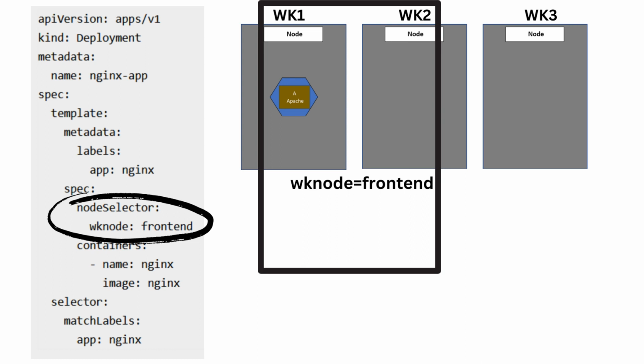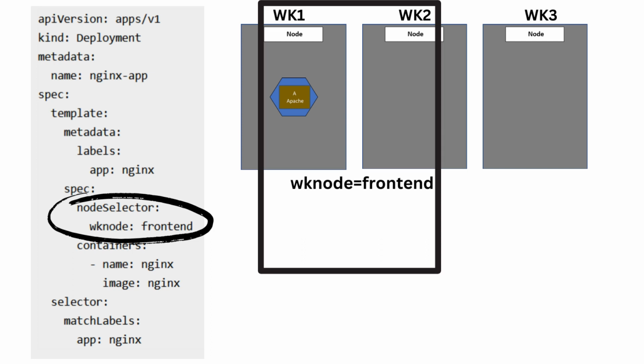This means that pods would not have to be restricted to just one particular node, and if it is just one pod, the scheduler will schedule the pod on any of the nodes with the label.